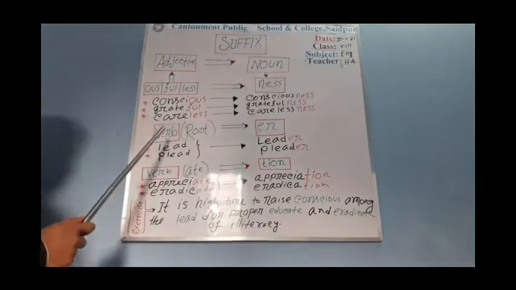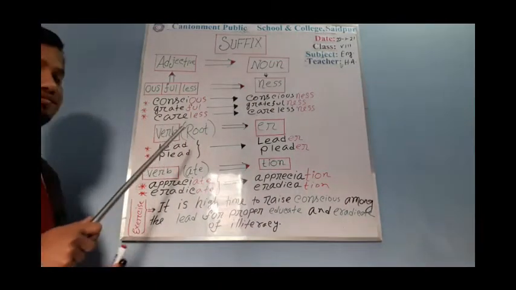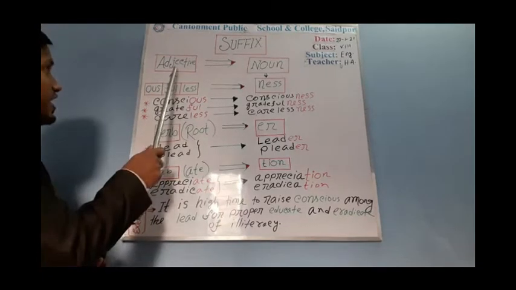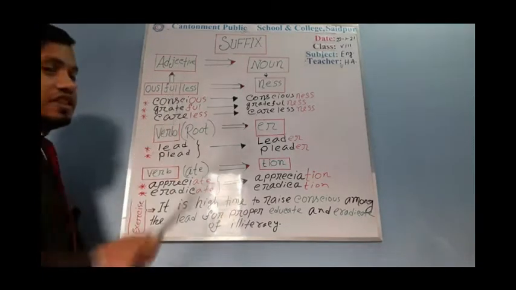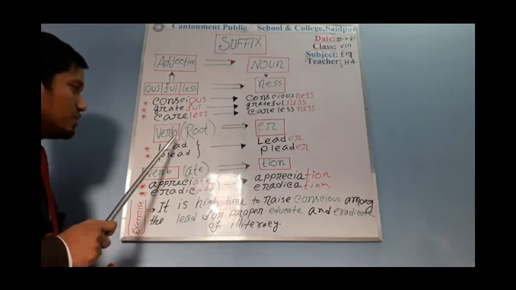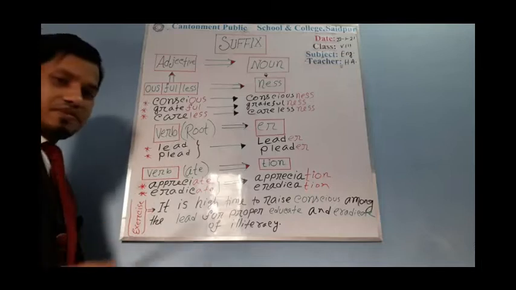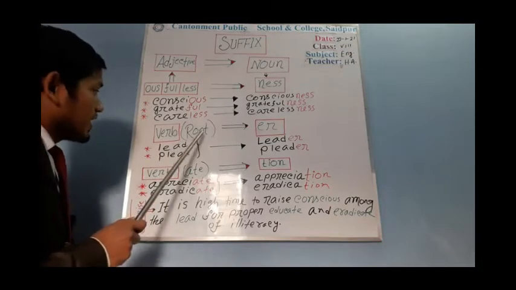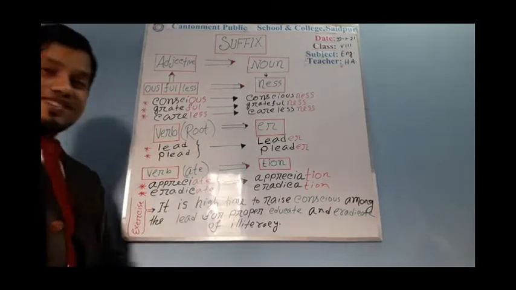So learners, next I want to say another word. Here first you can see adjective, and now you should look at verb. Here you can see in brackets verb, root word.